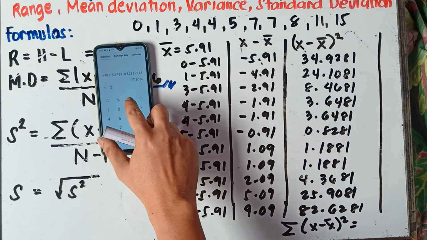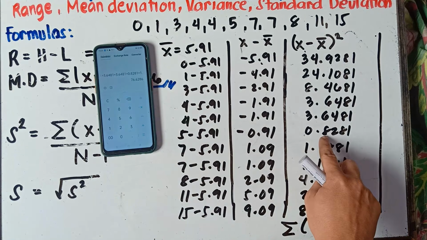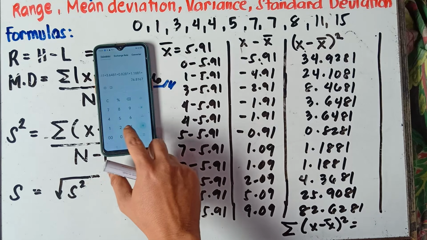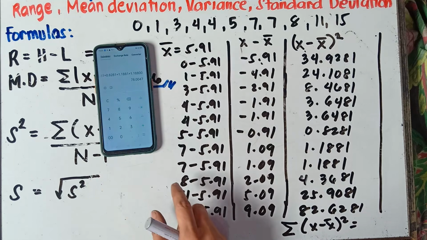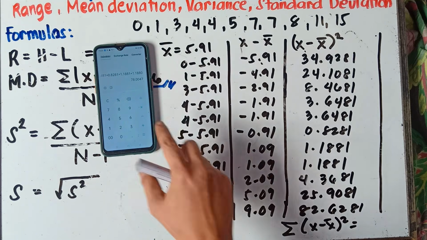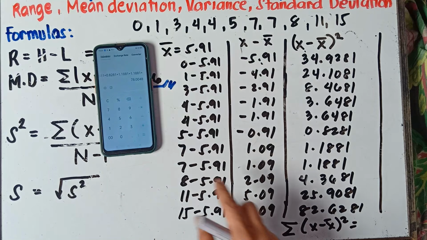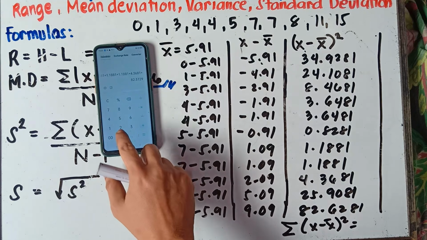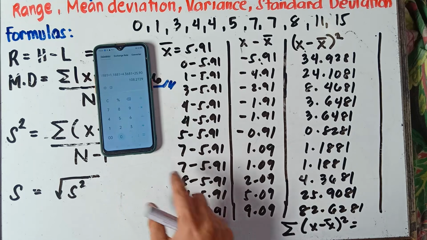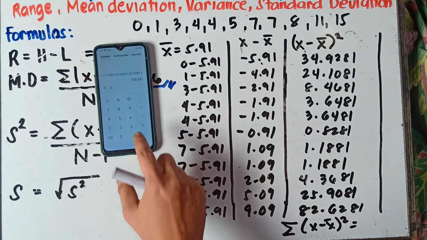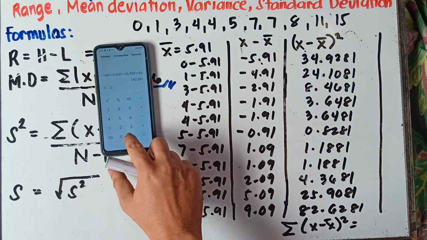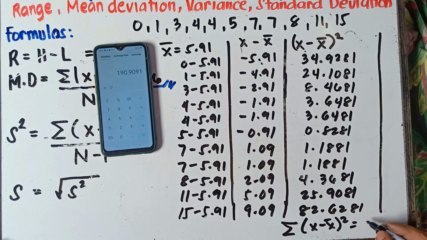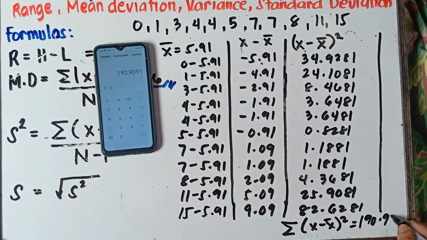1.18, sorry, this is 0.8281, 1.1881 plus 1.1881 plus 4.3681 plus 25.9081 plus 82.6281 equals, the answer, class, is 190.9091.